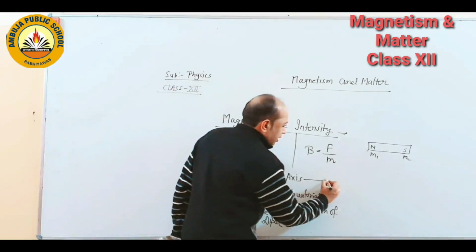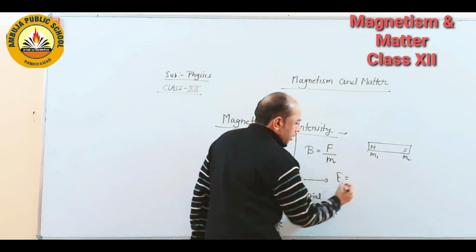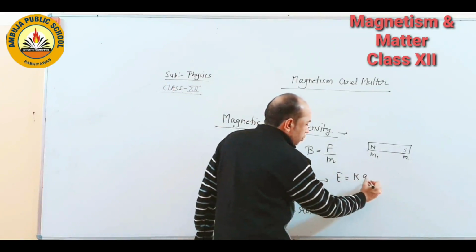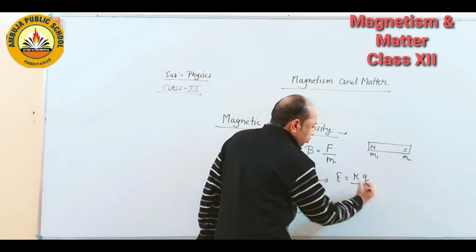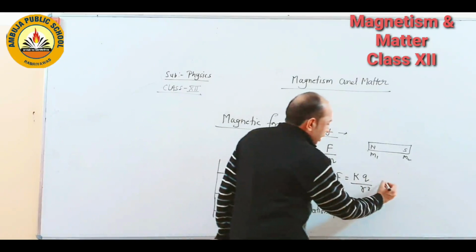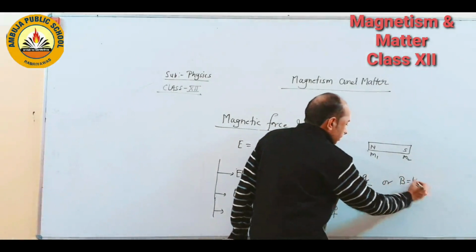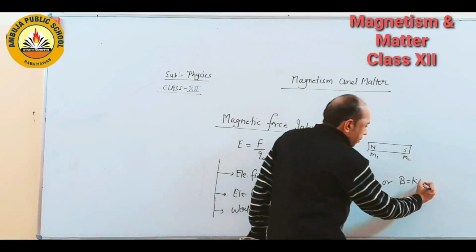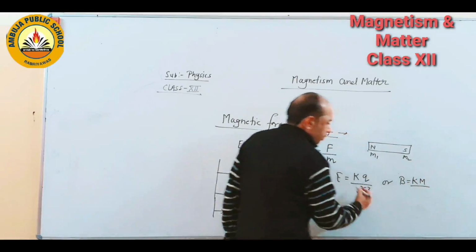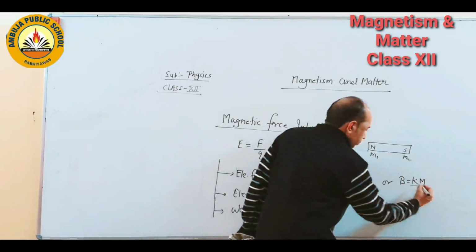Example, at the axis, the electric field is denoted by K Q upon R cube. So here E is replaced by B, K remains the same, Q is replaced by M, that is dipole moment, and further R cube.